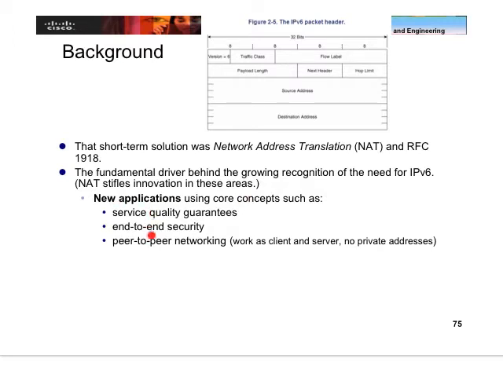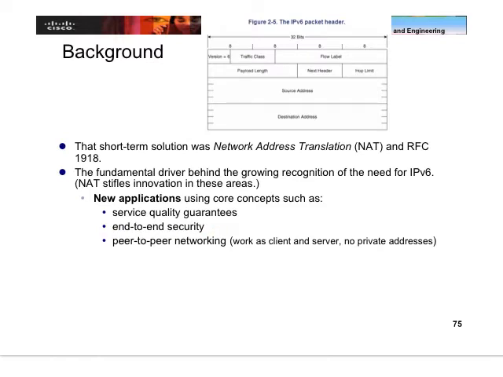The new features that people have been focusing on for IP version 6 are first service quality guarantees, as we have just said. Service quality guarantees can be supported or provided based on the flow level, so we can, based on a certain flow, provide a certain type of traffic class. So this way we have complete flexibility to provide whatever service discrimination that we need on the level of the flow.